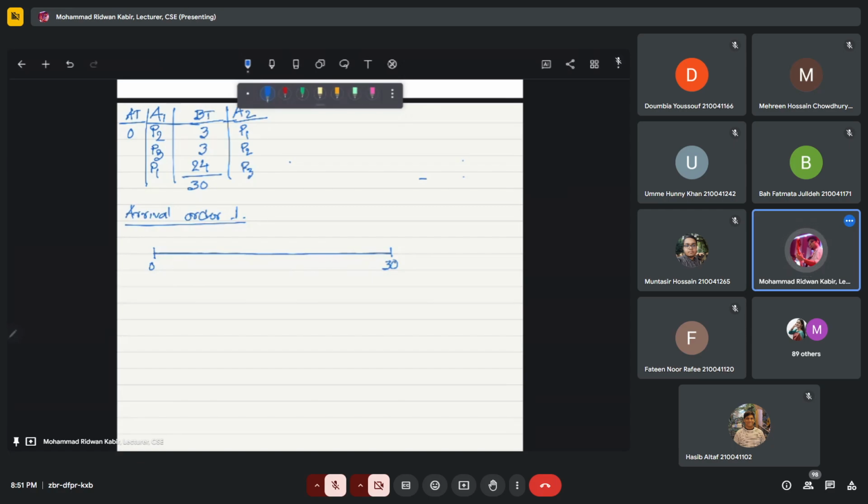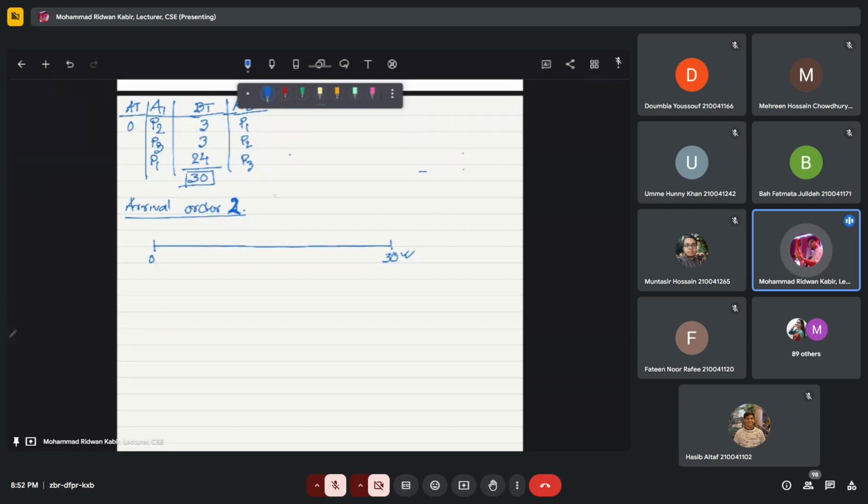So the first thing that you should keep in mind while drawing the Gantt chart of your processes is that the last tick should always match the value of the summation of burst periods. Okay, since we are dealing with arrival order 1, let's deal with arrival order 2 first, so that you can understand the benefits of arrival order 1.